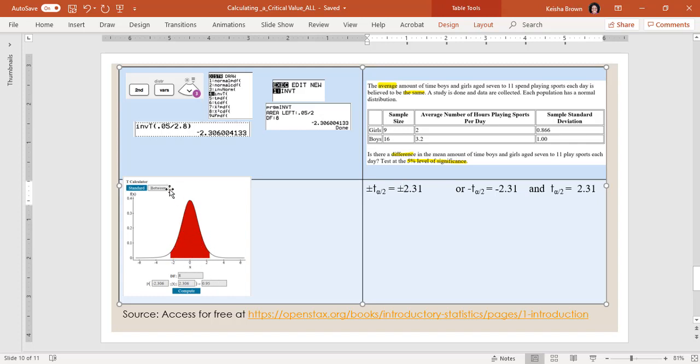You're on the between tab, so you have to tell this calculator what is the area that's in between. Alpha is what's on the outsides of this function. So we take the complement. The complement of alpha is your level of confidence, the area that's in the center. And there are your two critical values.